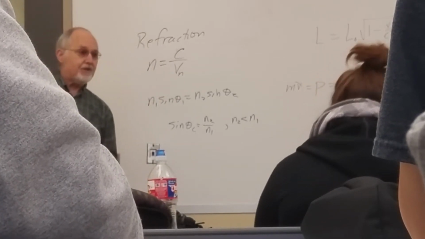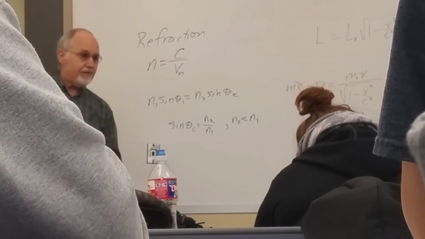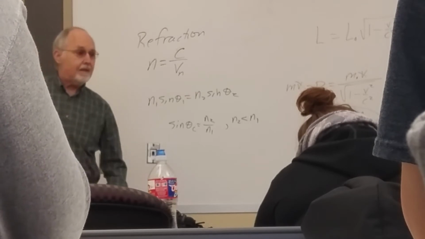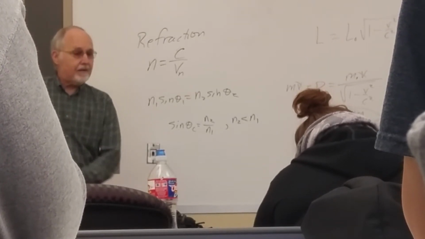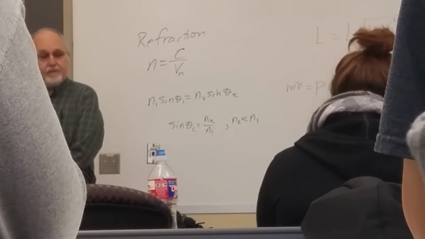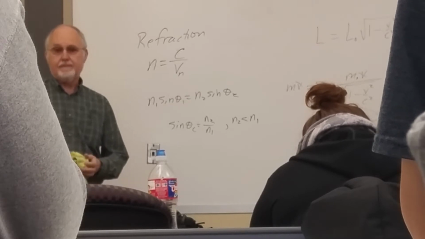So like seeing the fish under the water. Light coming from the water into the air, going from 1.33 to 1. And so you've got a critical angle there, which means if the fish is in the wrong place, you can't see it even if the water is perfectly clear.